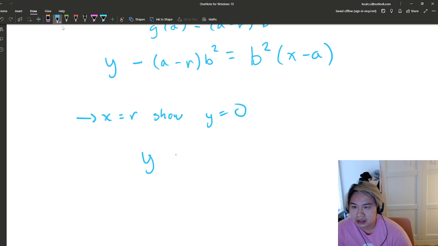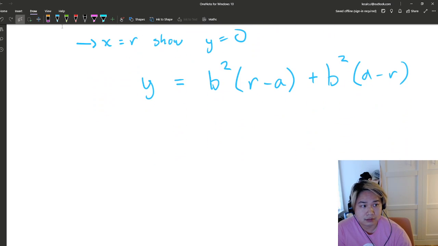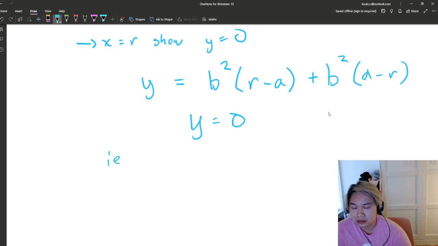So y, and then I'm going to move that term over to the other side. I'll have r minus a, and then this is going to be plus b squared a minus r. Okay, and then you can expand this out, collect like terms, but these are literally just opposites of each other. So y is going to be 0, i.e.